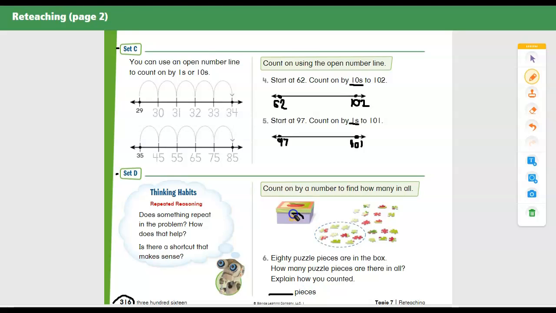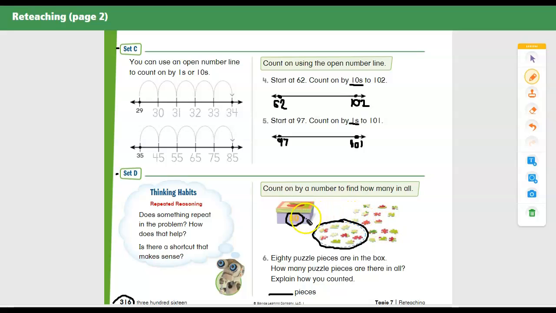You will need to add the 80 pieces plus all of these loose pieces. You'll notice that there is a circle around these pieces here. Begin with counting these puzzle pieces and see if you can find a shortcut to help you count the rest of them.